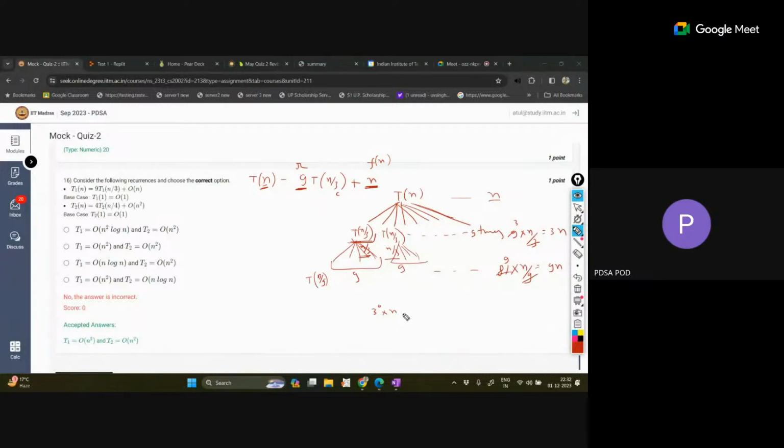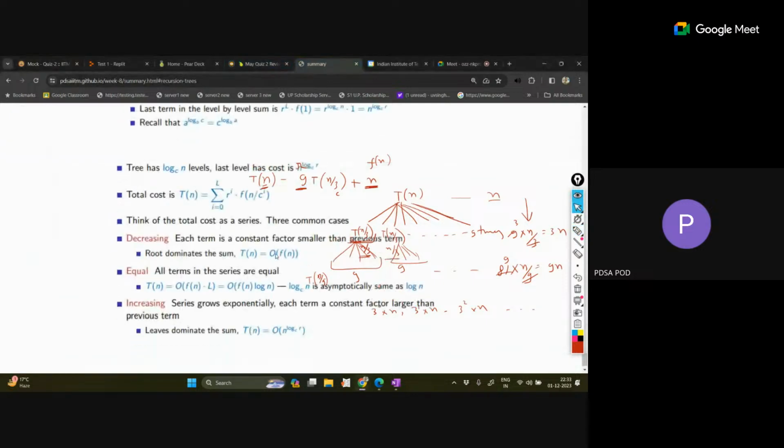The next step is 3 to the power 1 into n, and next is 3 to the power 2 into n, like this. You can see this is increasing. The steps are increasing at each level. So in this case, we use the last formula, the increasing case.